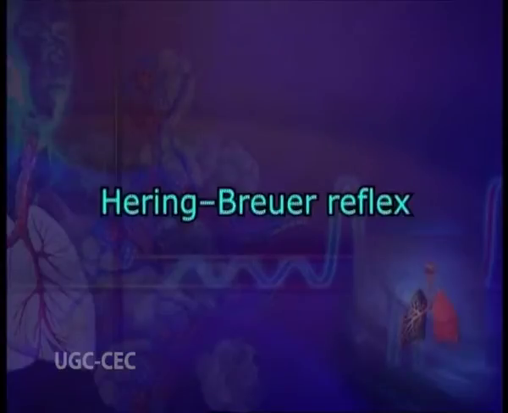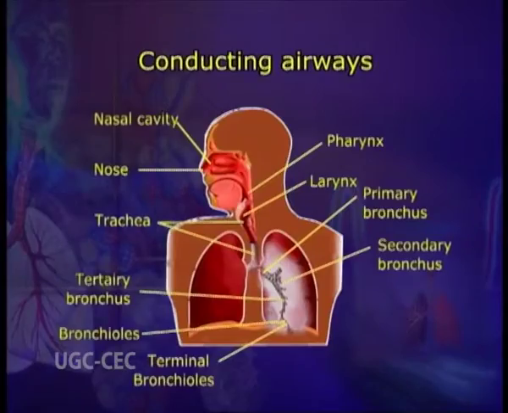Hering-Breuer reflex. All the air conducting pathway, as in the cardiovascular system, from the bronchi to terminal bronchioles has smooth muscle. The Hering-Breuer reflex, based on smooth muscle of the bronchi and bronchioles, affects depth of respiration.